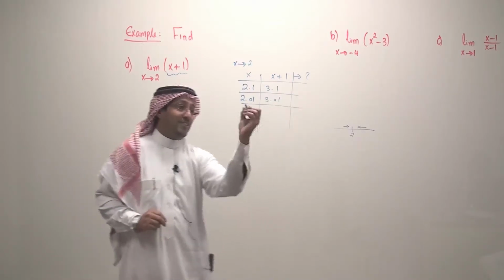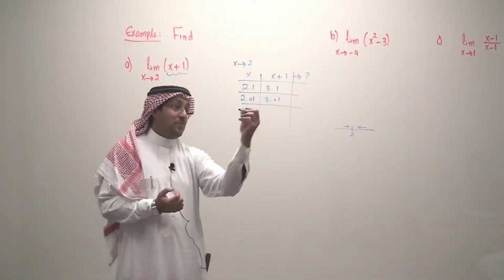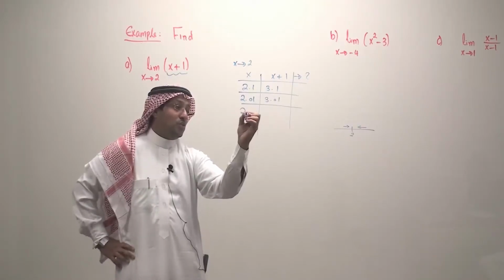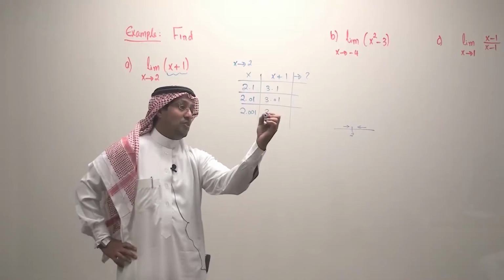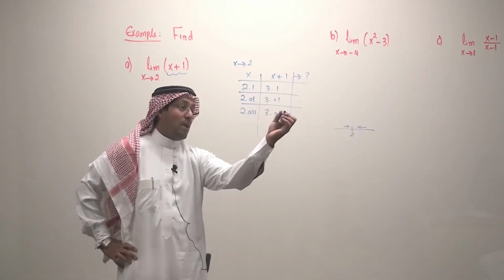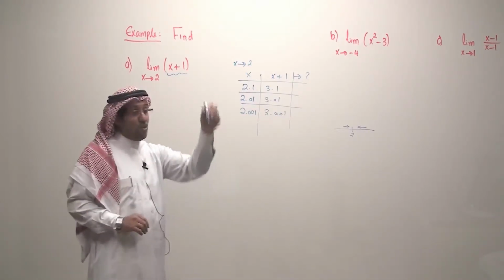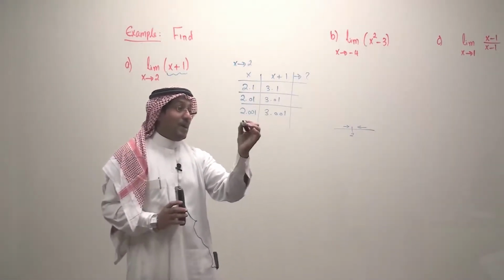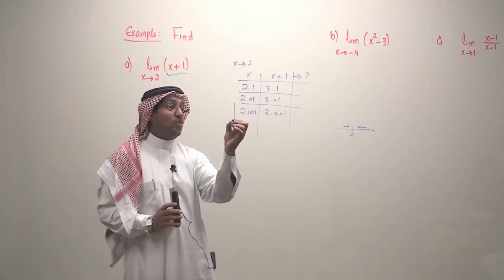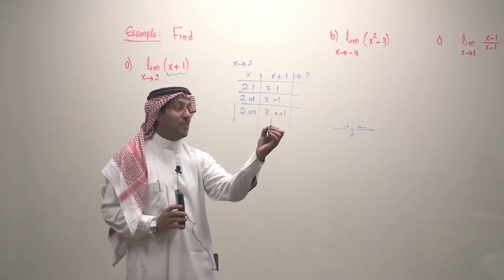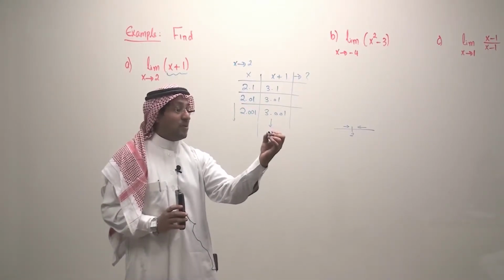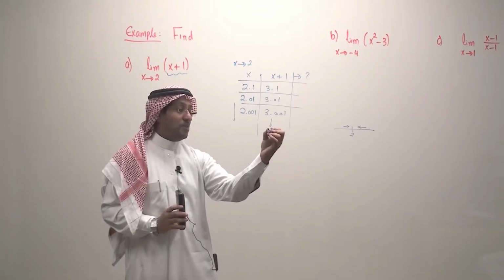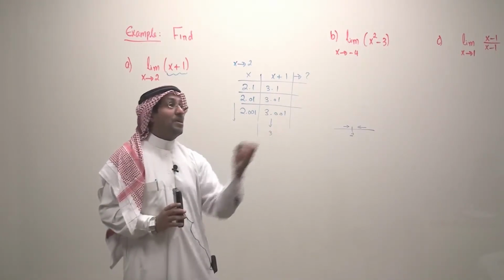When you decrease this so that it becomes closer and closer to 2, for example 2.001, it becomes 3.001. As you can see, as x goes closer and closer to 2, these values are going to be closer and closer to 3.